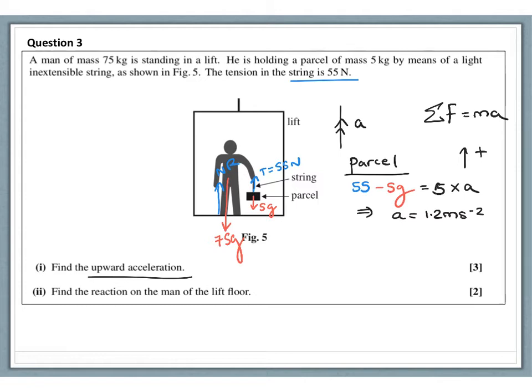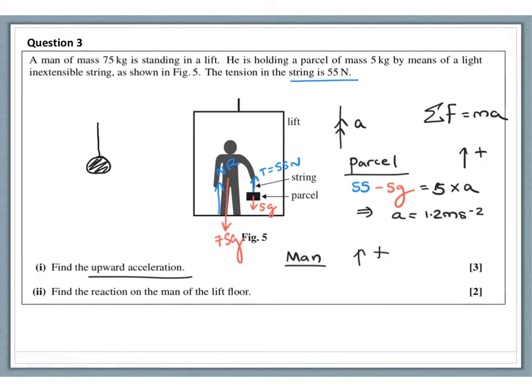Now, find the reaction of the man on the lift floor. So let's now look at the forces acting on the man, taking up as positive again. Before we do this, there is one last thing we need to add to our diagram. The man is holding this string, and the string is attached to the parcel.